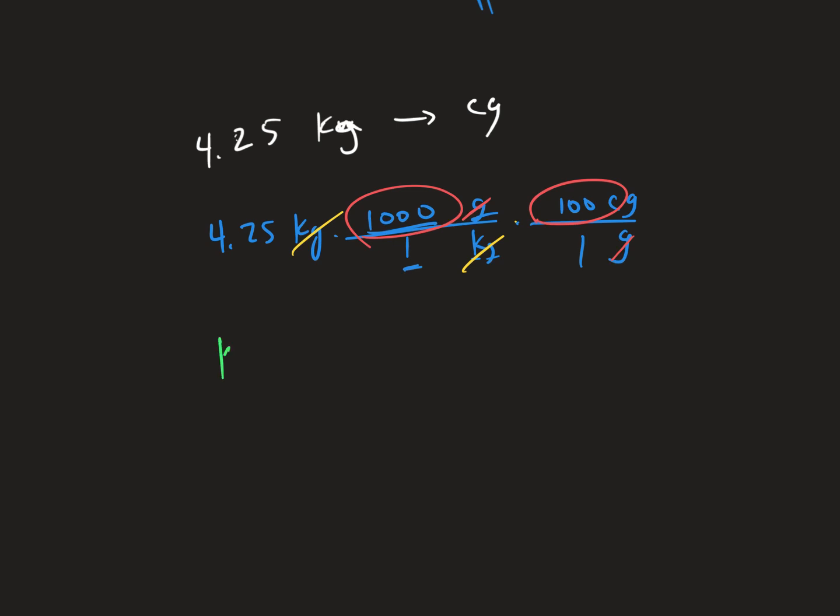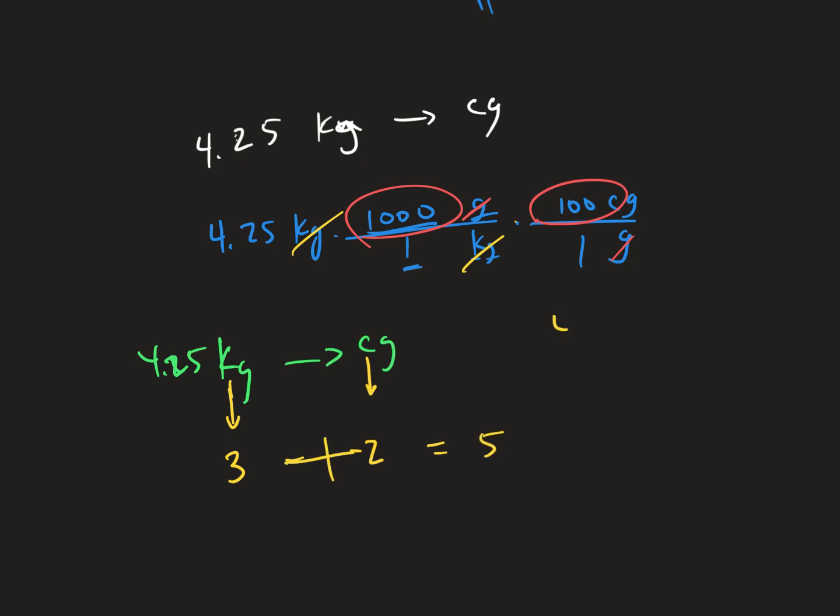So we're going from 4.25 kilograms to centigrams. So kilo means what? 10 to the third power, so I'm going to write the 3. Minus, it's always subtract, always, always, always. What does centi mean? 10 to the negative 2. 3 minus a negative 2 equals, this means plus 2, that's 5, right?